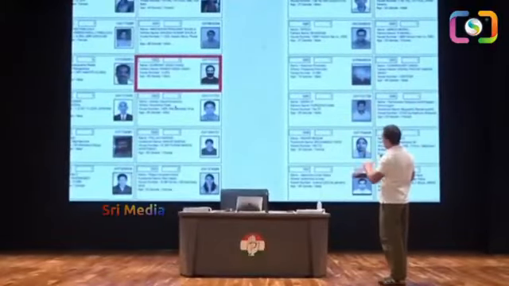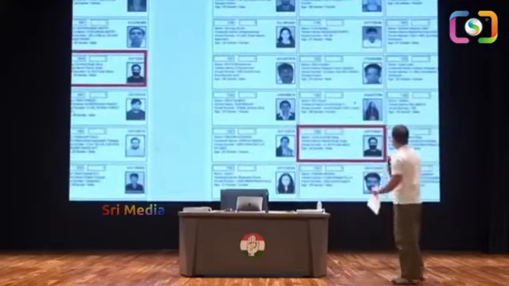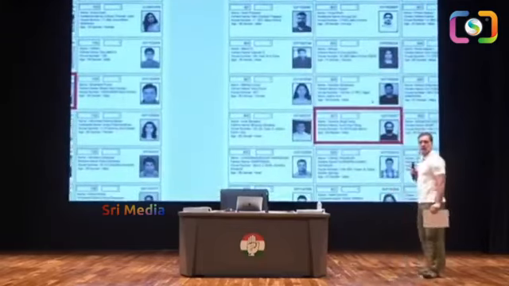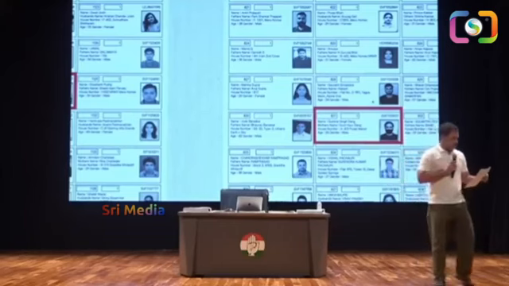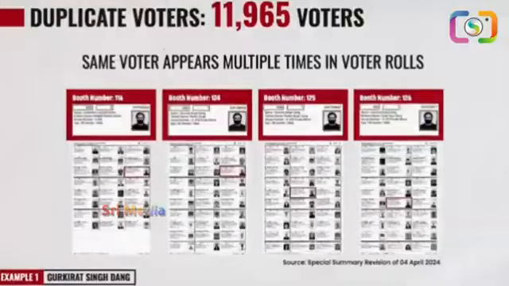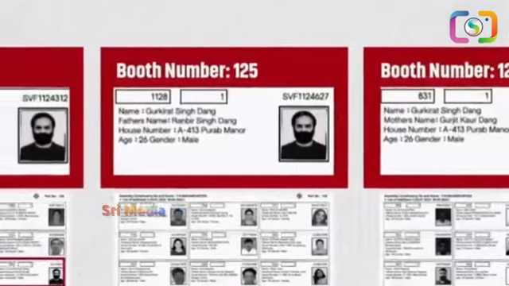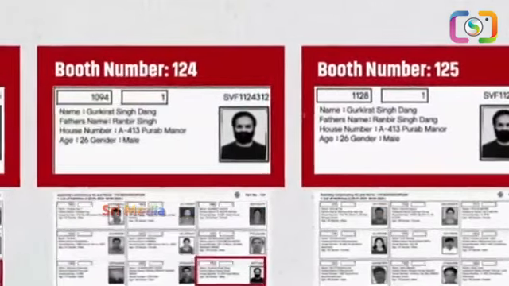Gurkirat Singh Dang appears once, twice, 3 times, 4 times, in 4 different polling booths in the constituency. He is the same name, the same address, the same person, in 4 different polling booths. And this is not just one person, this is thousands of people in one assembly.